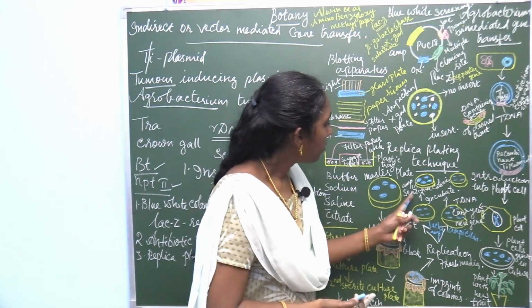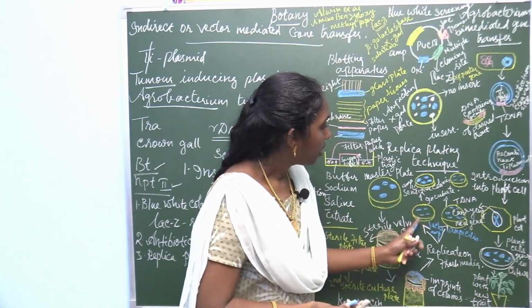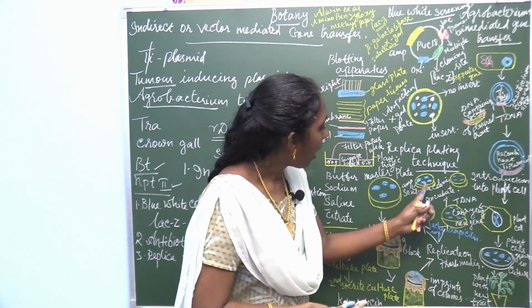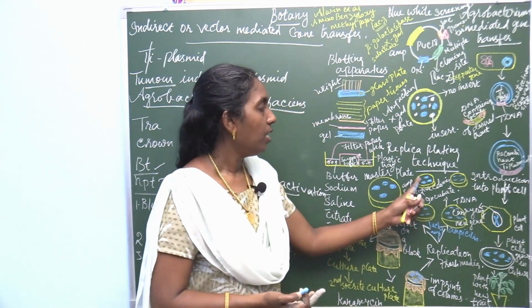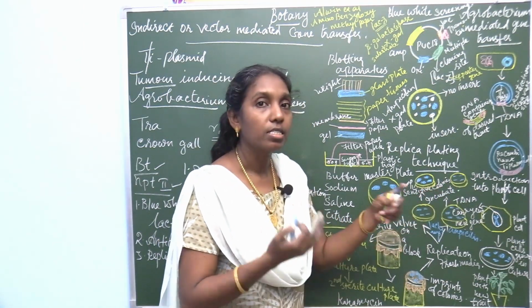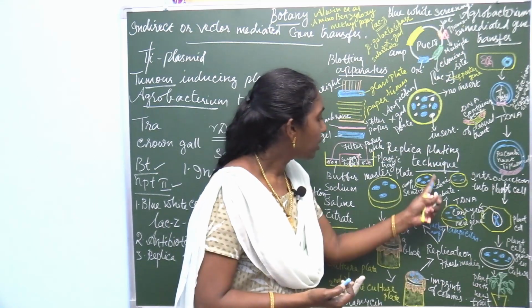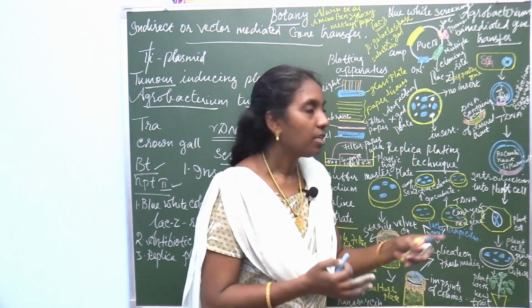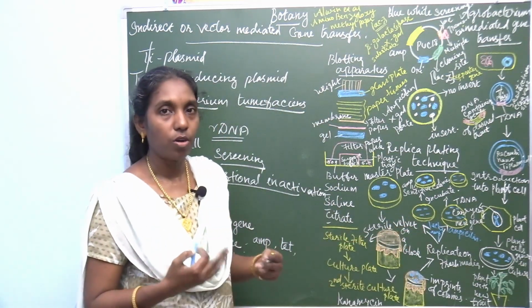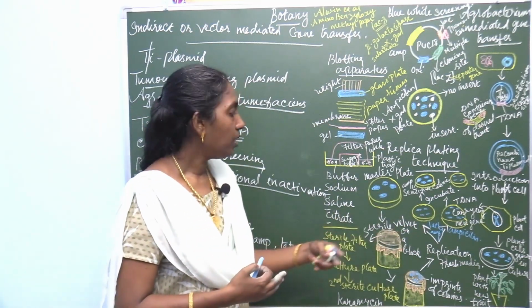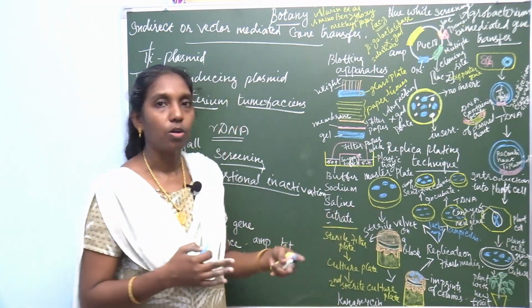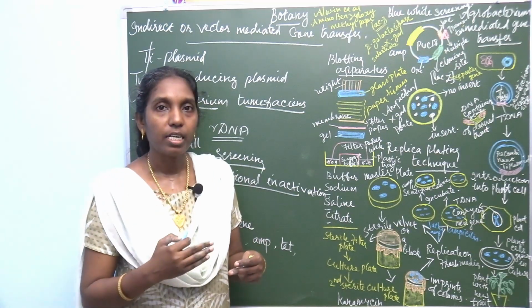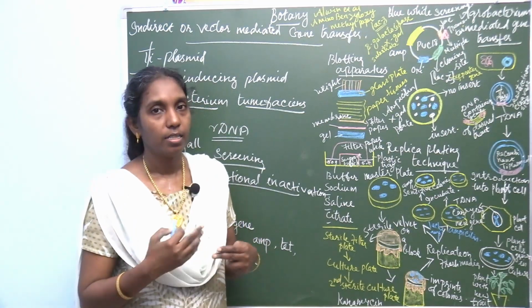After incubation, the two different cultures are formed, one which contains ampicillin sensitive colonies and another without ampicillin sensitive colonies. This method of transferring colonies is called the replica plating technique. The name of the technique is replica plating technique.